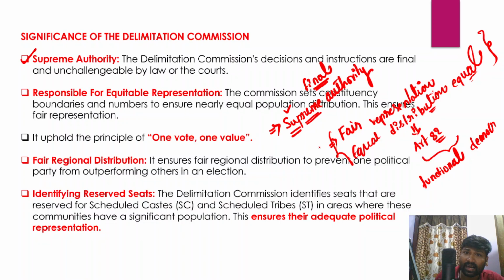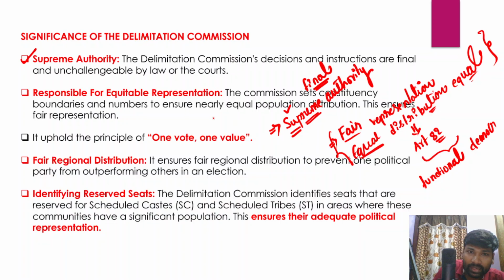And in fact, the other major objective of the Delimitation Commission is ensuring fair representation and also equitable distribution of political power across different regions and across different population groups as well, right? This is another major responsibility of the Delimitation Commission. This essentially aims at ensuring that one region is not underrepresented and the other region is not overrepresented.